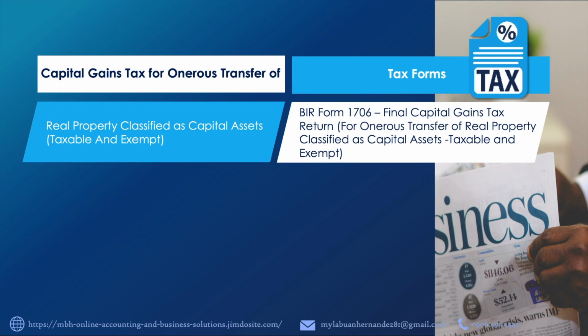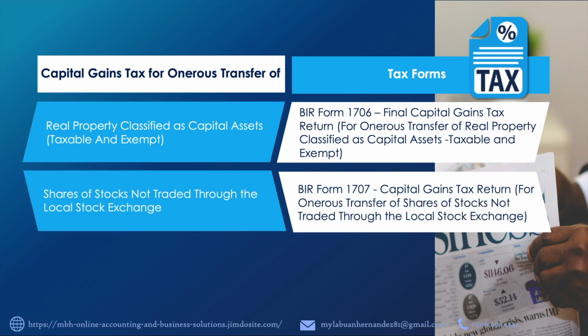For the capital gains tax for onerous transfer of shares of stock not traded through the local stock exchange, the tax rate is 15%. The BIR Form 1707 or the capital gains tax return for onerous transfer of shares of stocks not traded through the local stock exchange shall be filed.